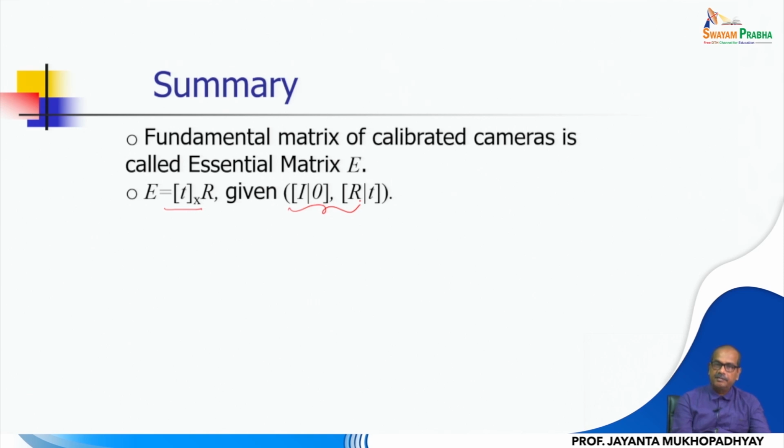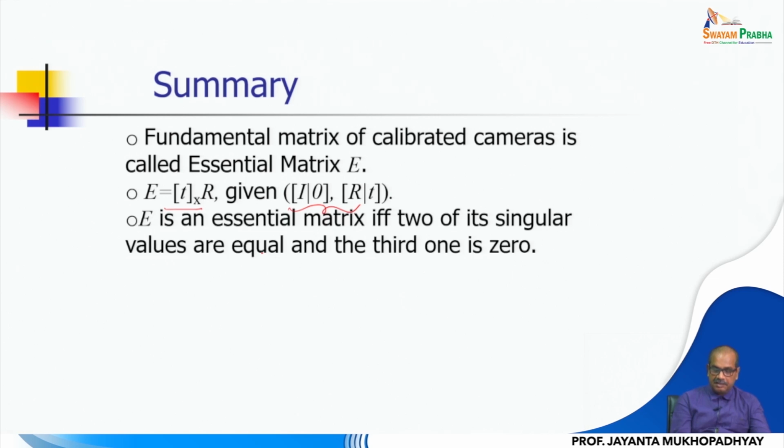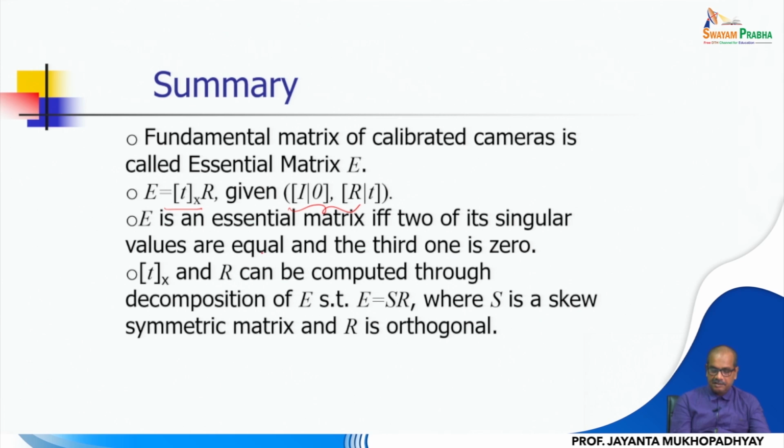We see that this is a calibrated camera setup where you do not have any camera calibration matrix. Image points are in the canonical image coordinate system. And one property of this essential matrix is that its two singular values are equal, and the other one should be 0, and vice versa. If you have such a 3 cross 3 matrix, then it will act as an essential matrix.